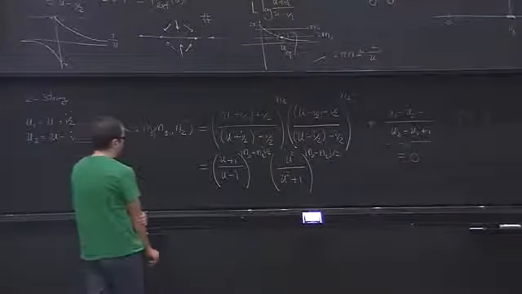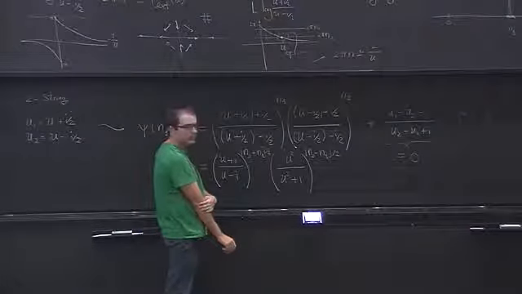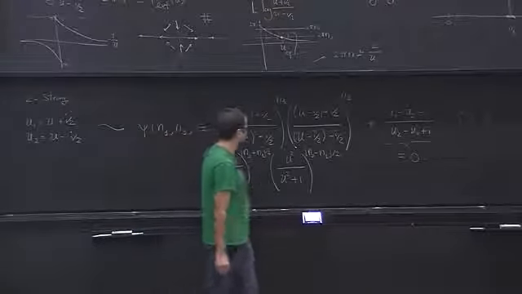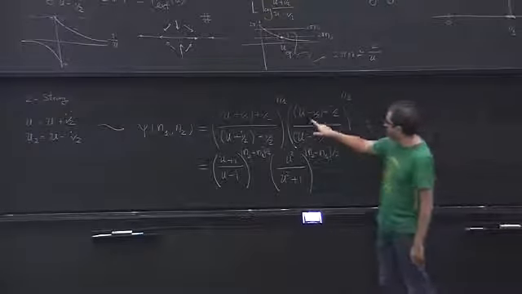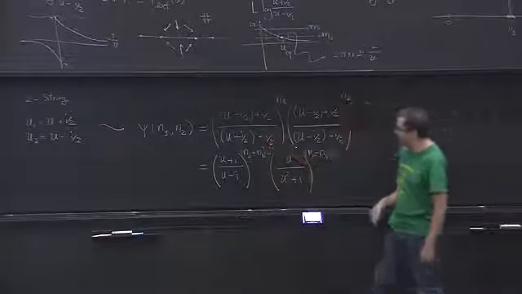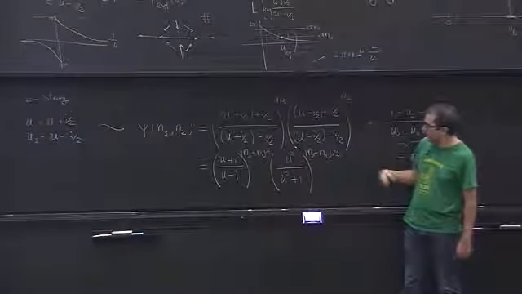You see? Yeah, it's clear? Let's see. U appears to the power n2 minus n1. Is it correct? Let's see. U appears here, upstairs to the power n2, and here to the power n2 minus n1. Indeed. So this U squared to this power is good. Then let's look at U plus i.